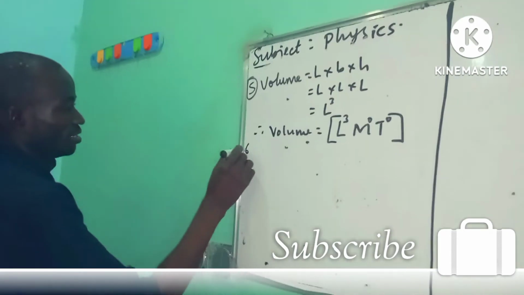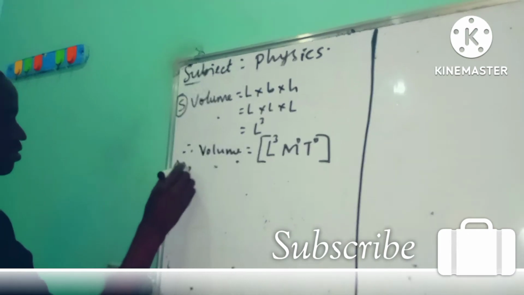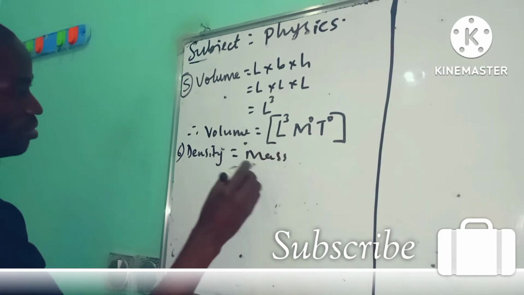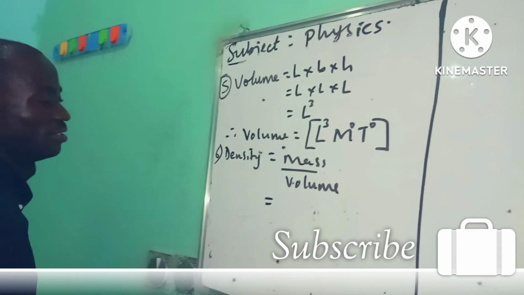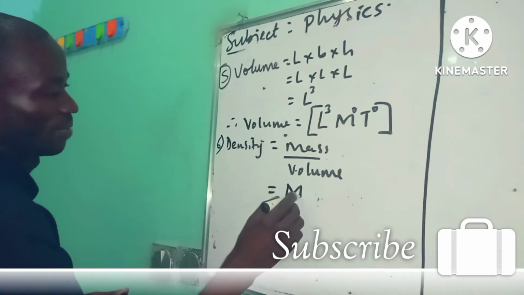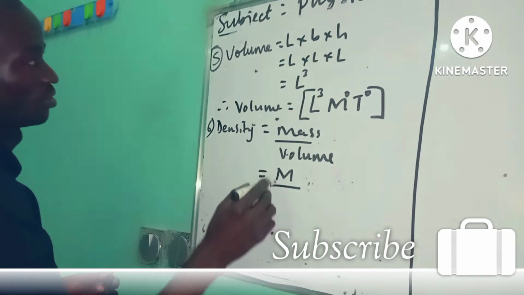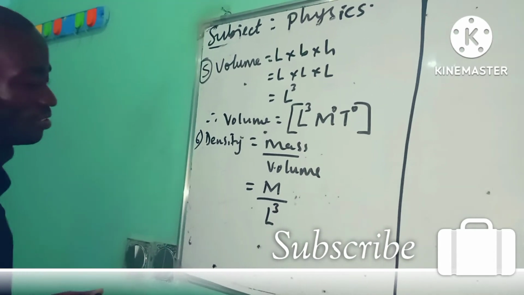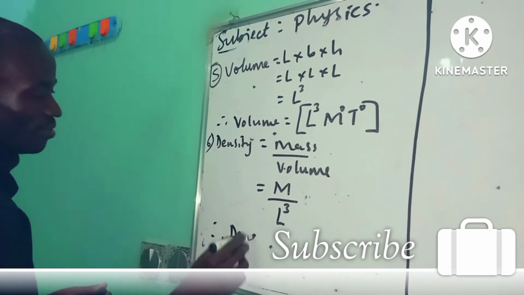So the next is example 6. We are looking at density. Density is expressed as mass upon volume, and mass is expressed in terms of capital letter M upon volume, which of course is seen in example 5 as cubic length.